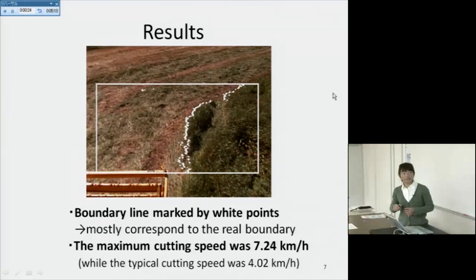This is the area of cut crops and uncut crops. And the maximum cutting speed was 7.24 kilometers per hour, while the typical cutting speed was 4.02 kilometers per hour. So, the visual processing system succeeded outdoors.